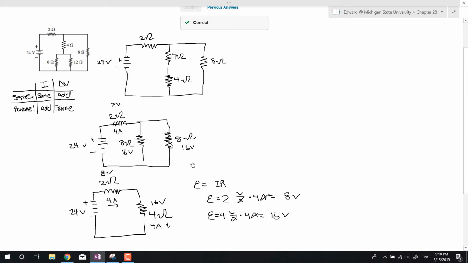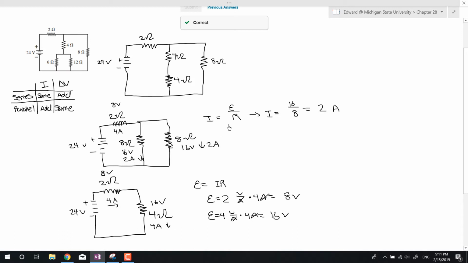So what is different is the I, the current. But again, the current is going to be equal to the volts divided by the resistance. So I is equal to 16 divided by 8, which is the resistance, and they're the same for both, so we only need to do this once. 16 divided by 8 is 2 amps, so we get 2 amps here and 2 amps here.